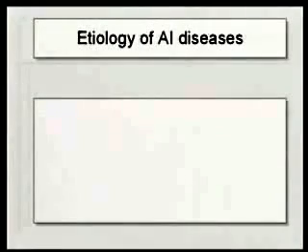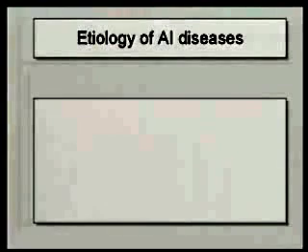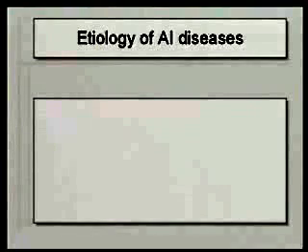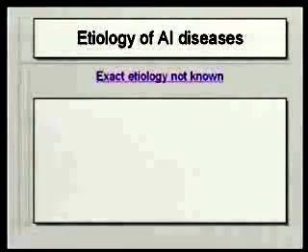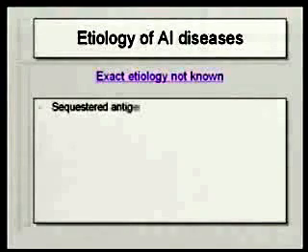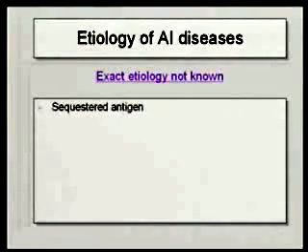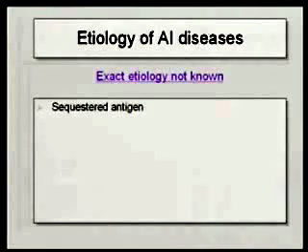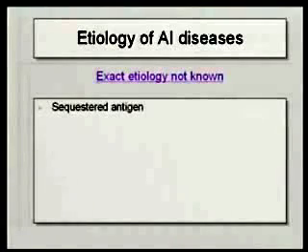Okay, etiology, totally unknown. That's one word. There are lots of hypotheses and lots of experimental evidence for it. Sequestered antigens. Obviously, negative selection is not going to take place if the antigen is sequestered. Okay?